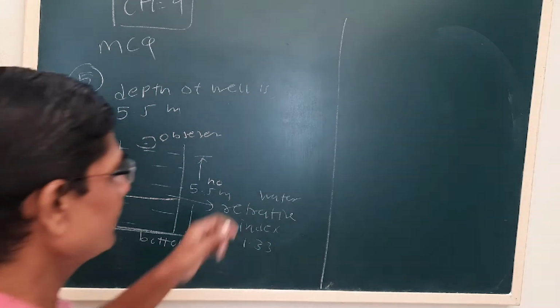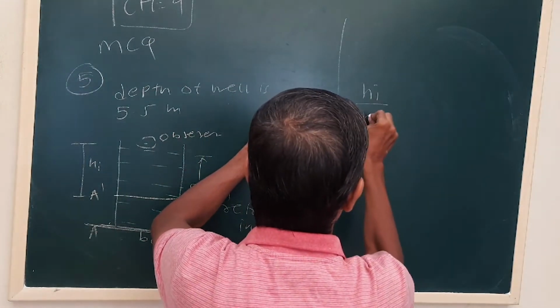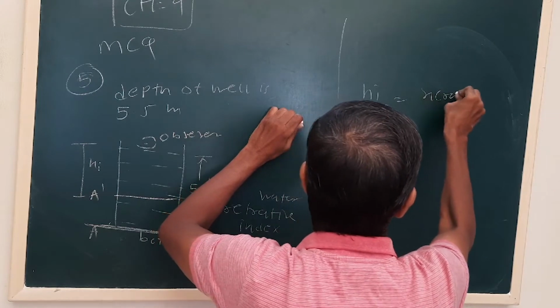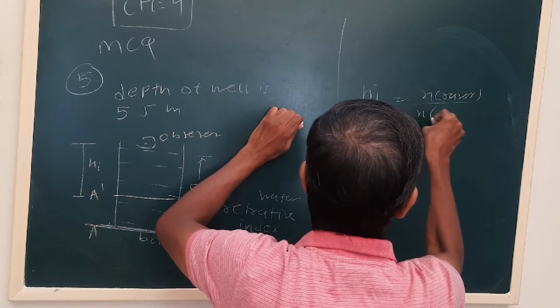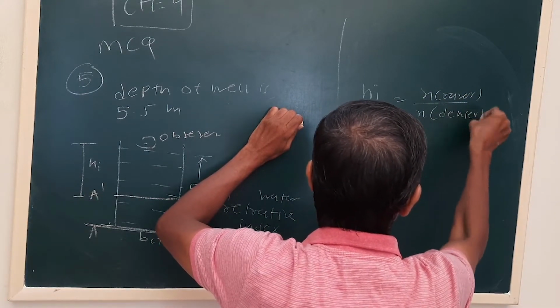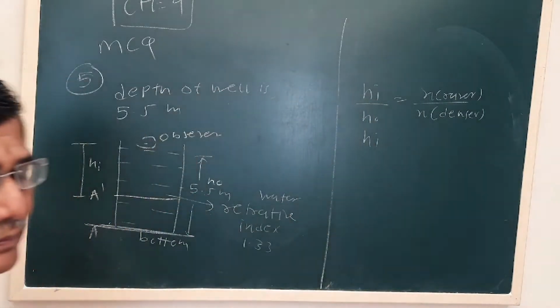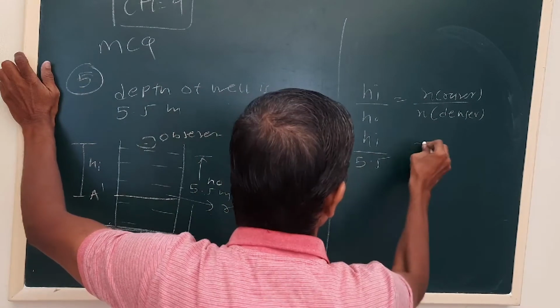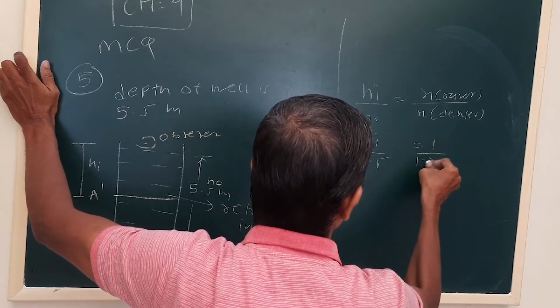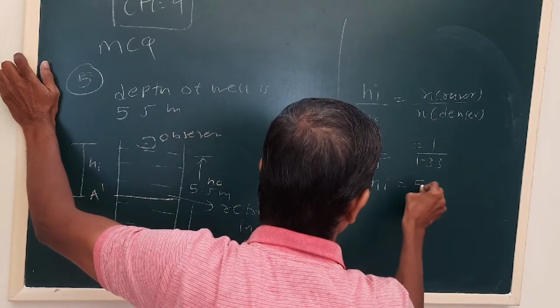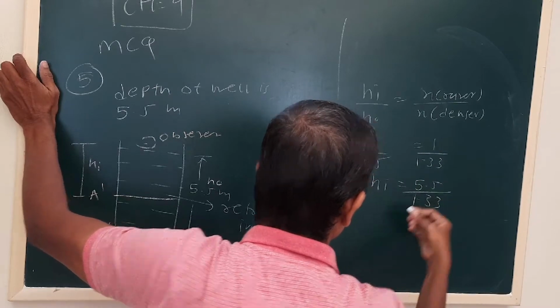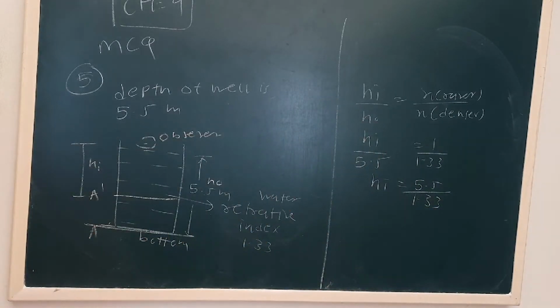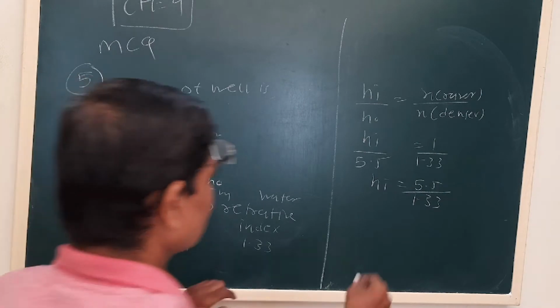We use the formula HI upon HO is n rarer upon n denser. HI we have to obtain, HO is 5.5 meter. That turns out to be 4.13.